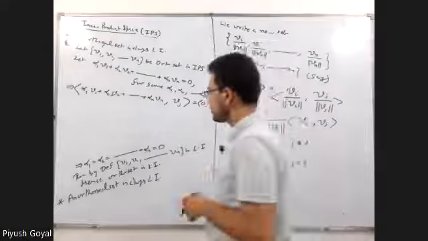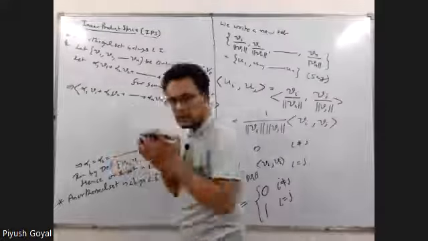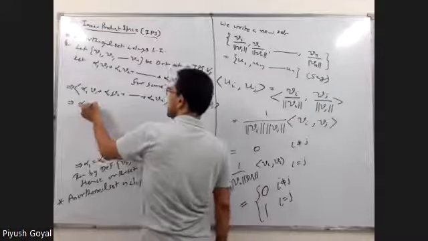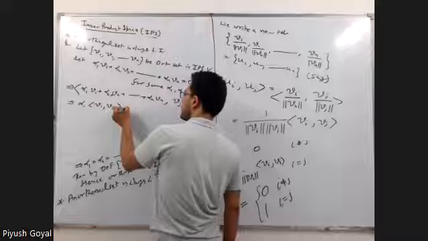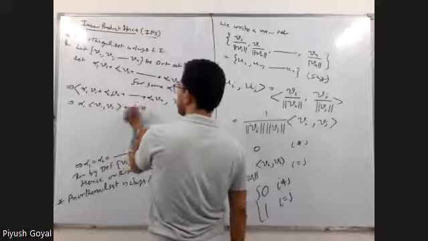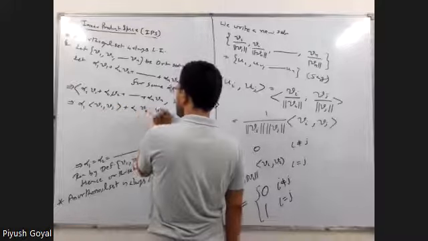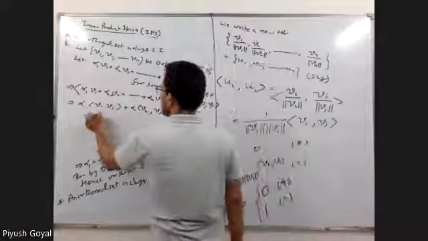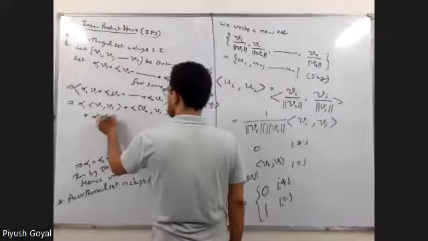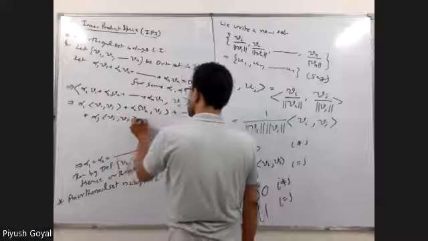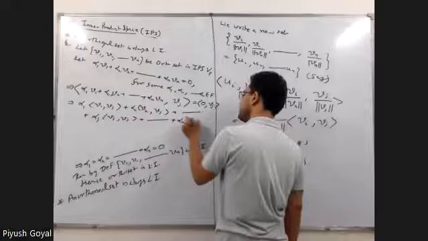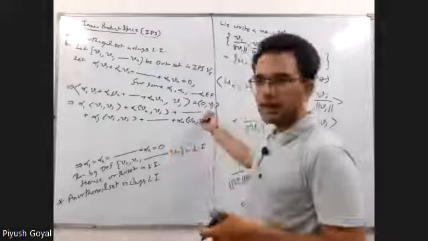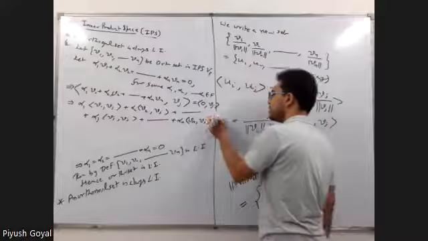Now what will happen? This will distribute itself. It will become alpha 1 v1 comma vj, then alpha 2 v2 comma vj. I hope this is clear to you. Up to alpha j vj comma vj, up to alpha n vn comma vj, and the right hand side is the inner product with 0, so it will be equal to 0.